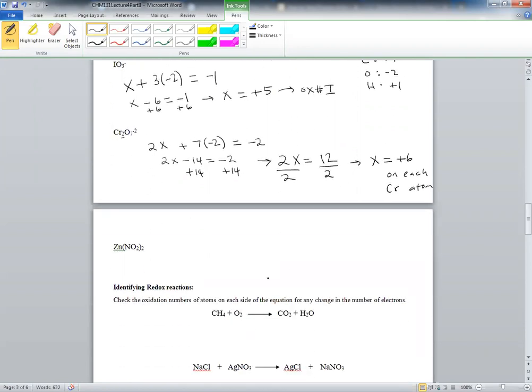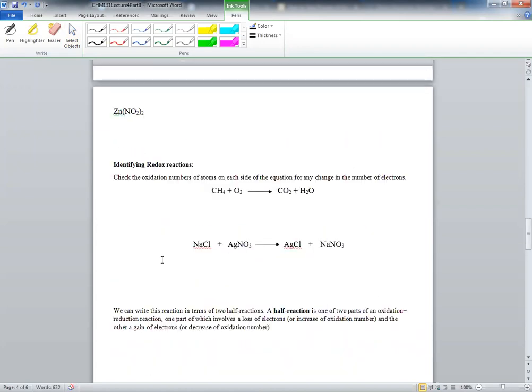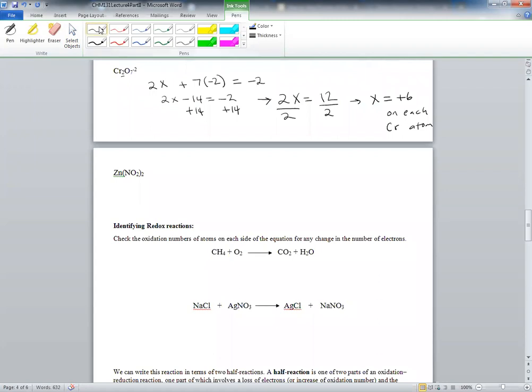And finally, if you encounter something like this, then you need to actually implement your knowledge of ionic compounds. So that should not be dismissed. So what do I have here? What we have here is we have zinc and nitrite.